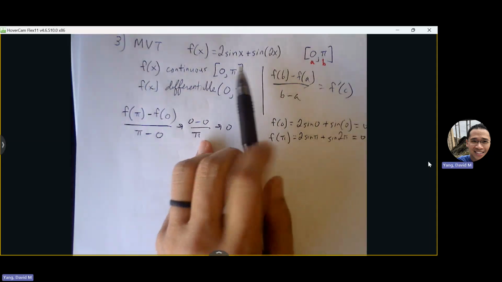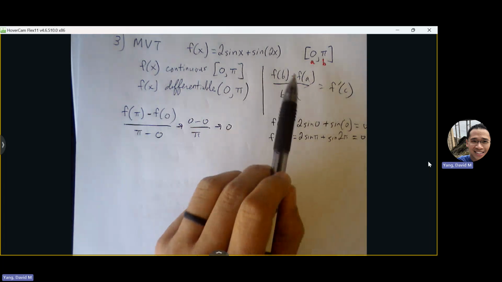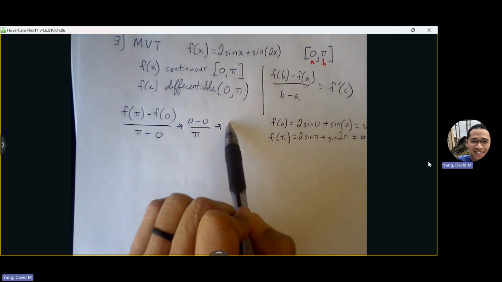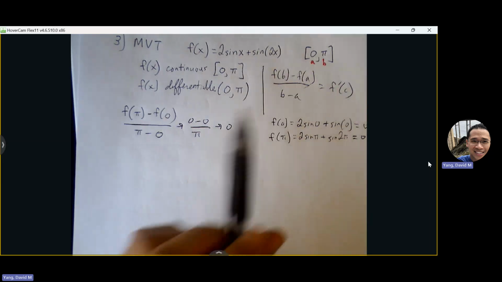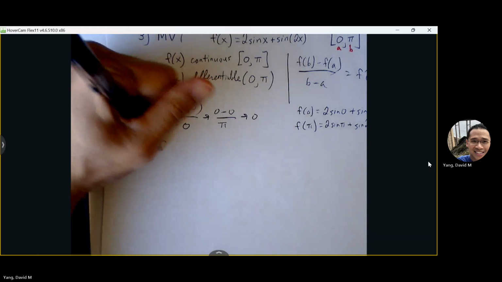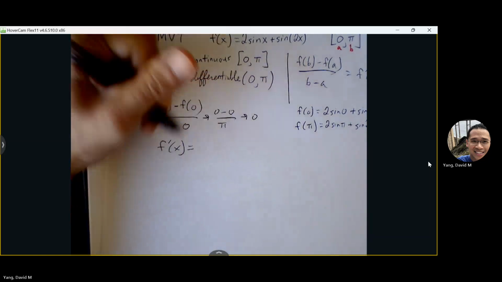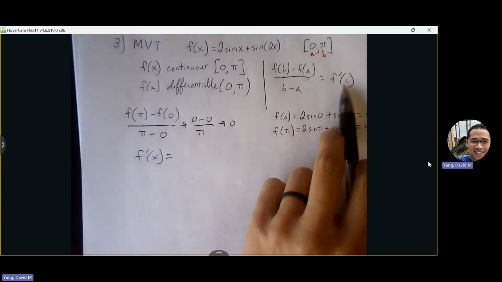Now we know that this graph must experience a slope 0 somewhere along the curve, and we're going to use the derivative to help us locate where this graph is experiencing a slope 0. So let's find the derivative. We have this portion finished, and we're now working on this portion here.